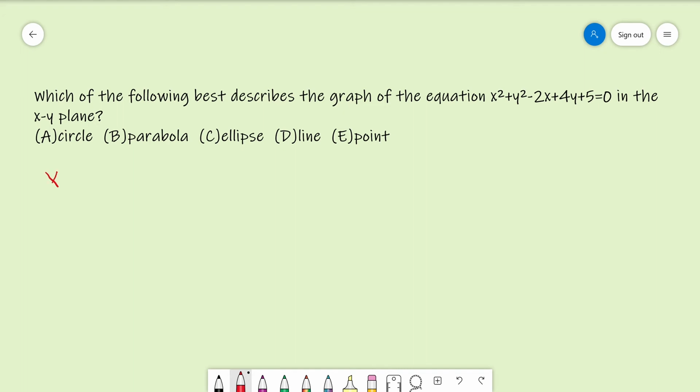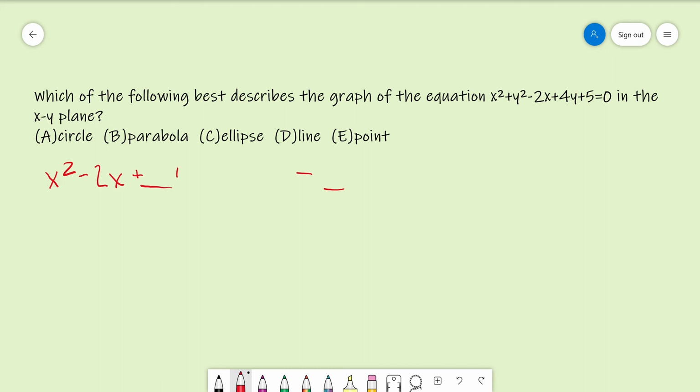If we rewrite it, we can write x squared minus 2x plus something, and we're going to have to subtract that same thing because we can only add 0. So if we add something, we have to subtract it.